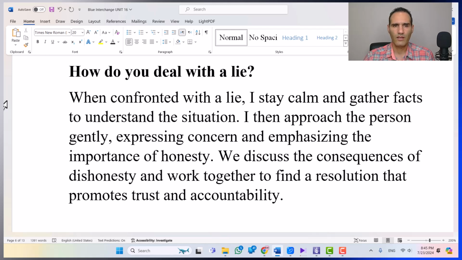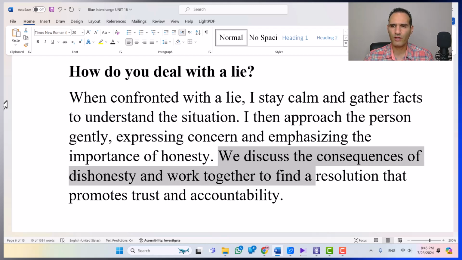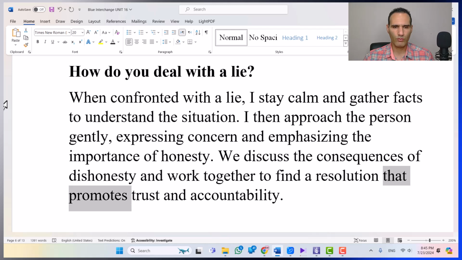the situation. Now, one more time, when confronted with a lie, I stay calm and gather facts to understand the situation. I then approach the person gently, beautiful, expressing concern and emphasizing the importance of honesty. We discuss the consequences of dishonesty and work together to find a solution that promotes trust and accountability, responsibility.